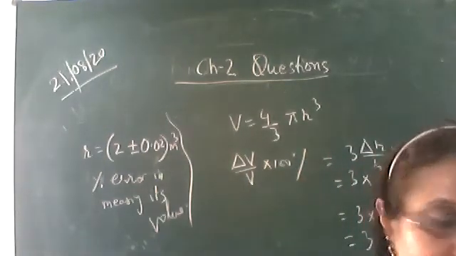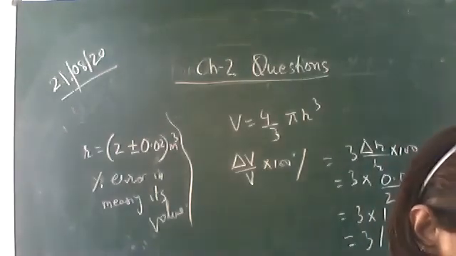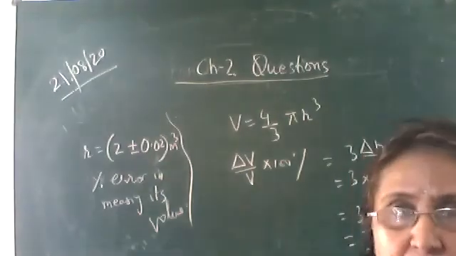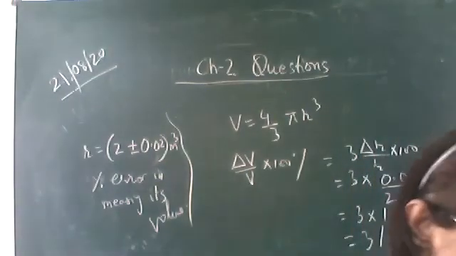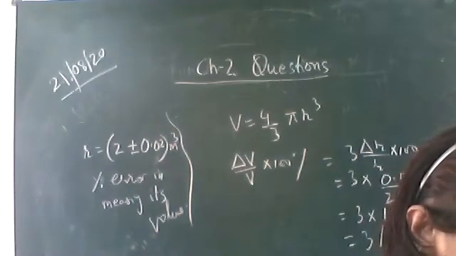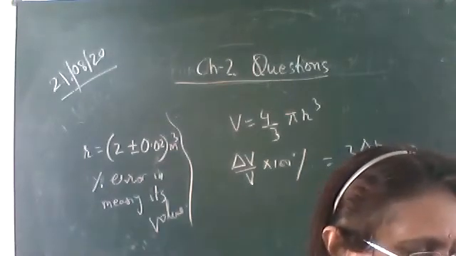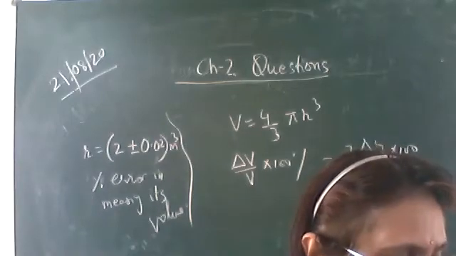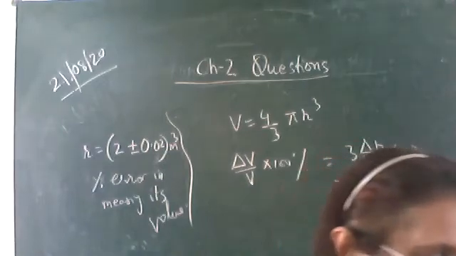Third question we have already done. A calorie is the unit of heat or energy and it is equal to 4.2 joules. That is n1u1 is 4.2 joules. Suppose we employ a system of units in which the unit of mass is alpha kg, the unit of length is beta meter, and the unit of time is gamma seconds.